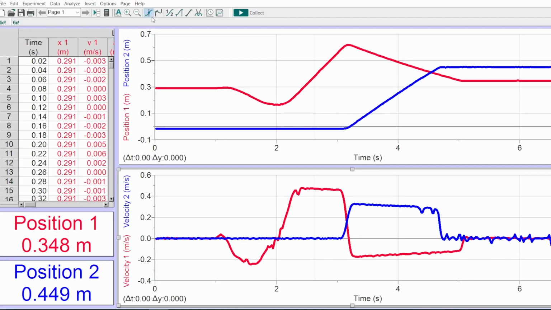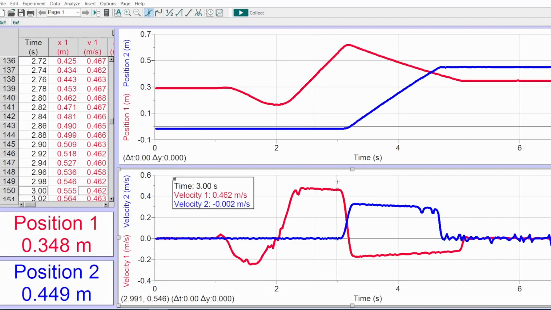Okay, so when we look at these, before the collision, our velocity is 0.463 meters per second. After, cart 1 has bounced back, going negative 0.172 meters per second. Cart 2 is moving at 0.325 meters per second. So that's going to be our trial 1 for this one.